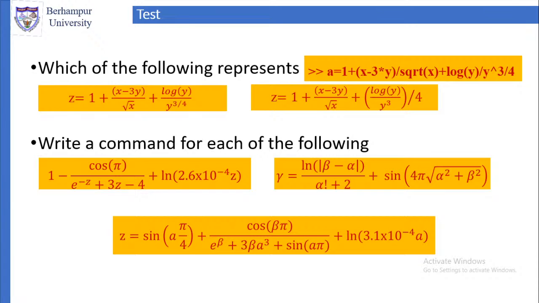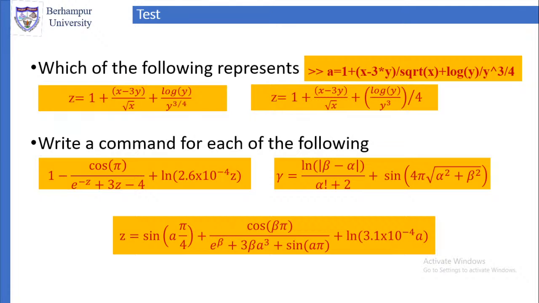The first question is: if I write at the command prompt a is equal to 1 plus x minus 3 star y within bracket, slash square root within bracket x plus log within bracket y, slash y caret 3 slash 4. So this is what we are writing.